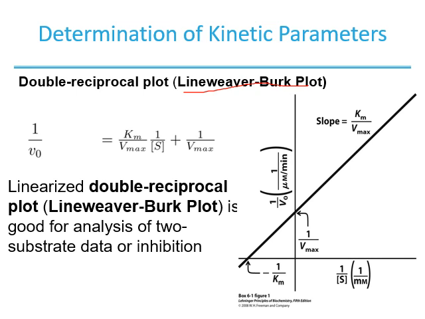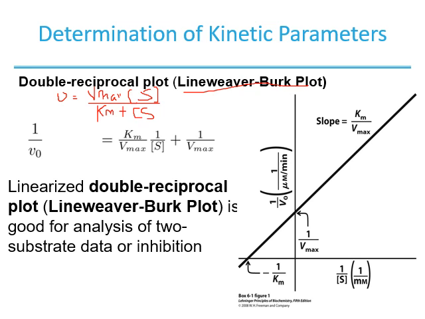Because for Michaelis-Menten, the model is like this: Vmax times concentration of substrate, divided by Km plus concentration of substrate.